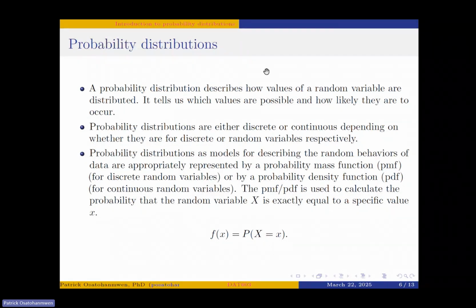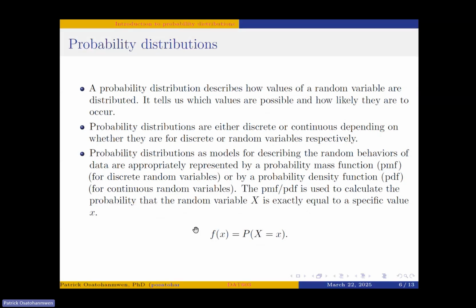So the PMF or the PDF is used to calculate the probability that the random variable X is exactly equal to a specific value x, as you can see. Now, we have f of x. This f of x is either the probability mass function or the probability density function.